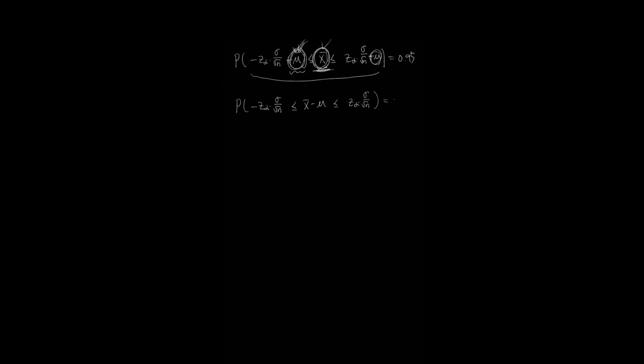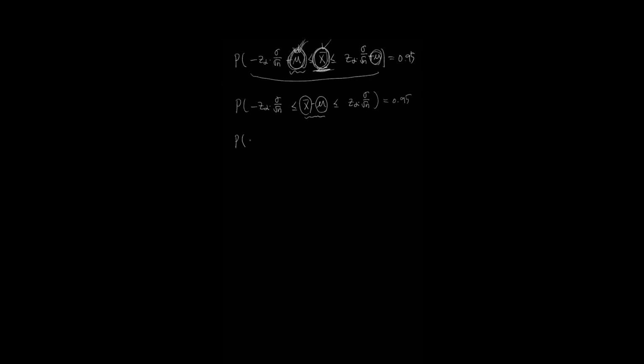It's exactly the same inequality because we subtracted the same value, and we want mu to be alone in this main character chair, so we want to subtract X bar to make it disappear.